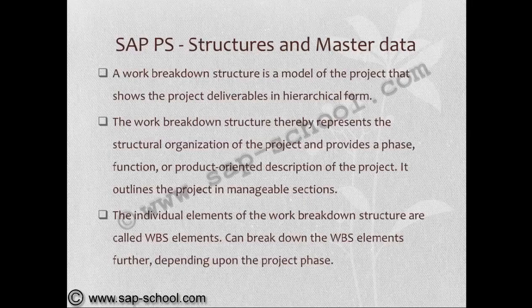It outlines the project in manageable sections, like we discussed in maintenance. The individual elements of the work breakdown structure are called WBS elements. These can be broken down further depending upon the project phase.